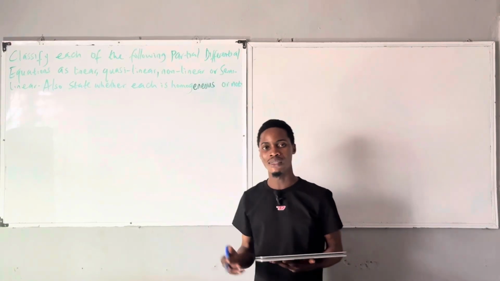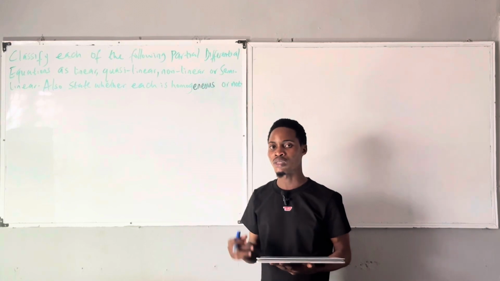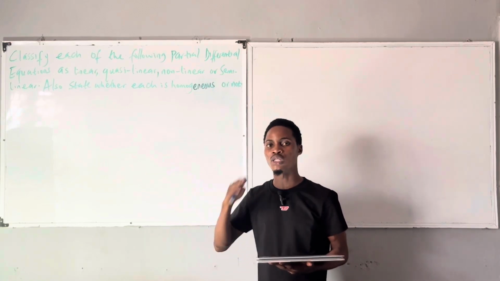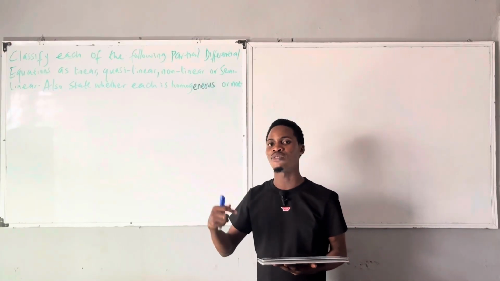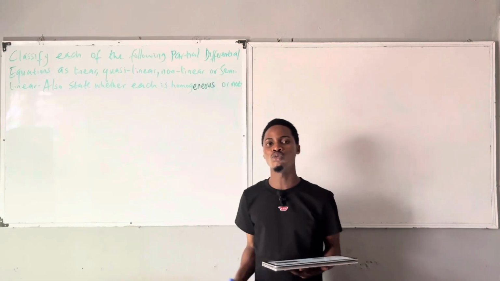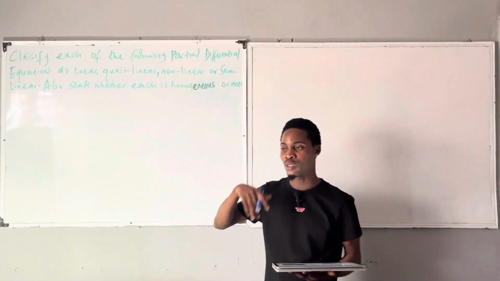So if I have z in an equation, each term must have z or the partial derivative of that z. And if it is u, it must have u or the partial derivative of that u.